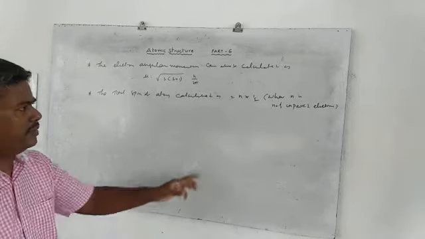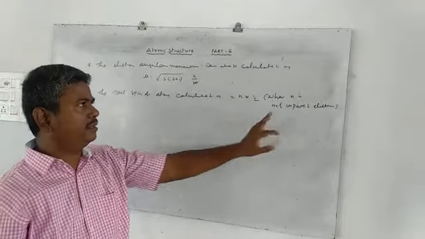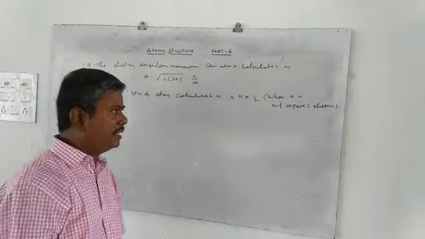So from that we calculate how many unpaired electrons are there. That gives the spin of an atom.